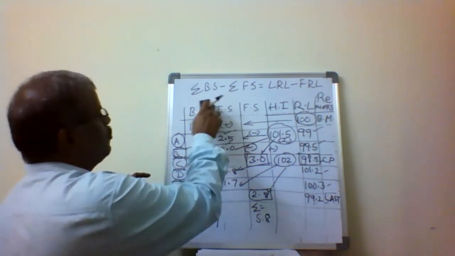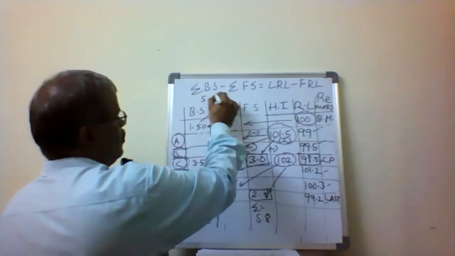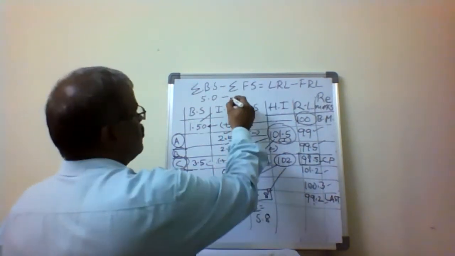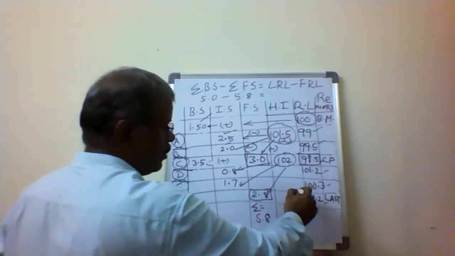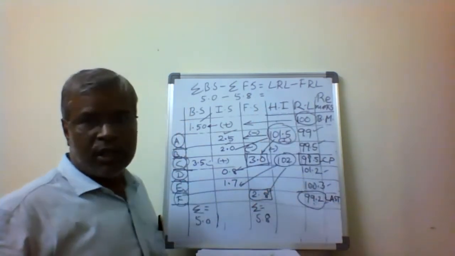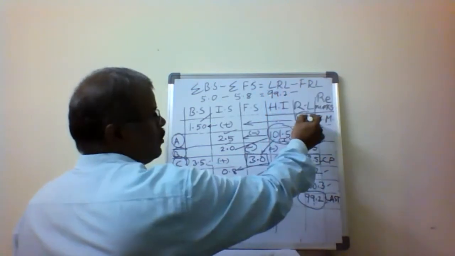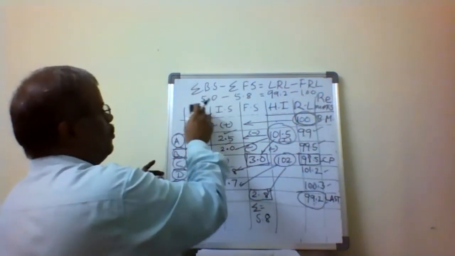Now I'm going to substitute over here: sigma BS is 5 minus sigma foresights 5.8 equals, what is the last RL? The last RL is 99.2. What is the first RL? It is 100. Now we can check it.